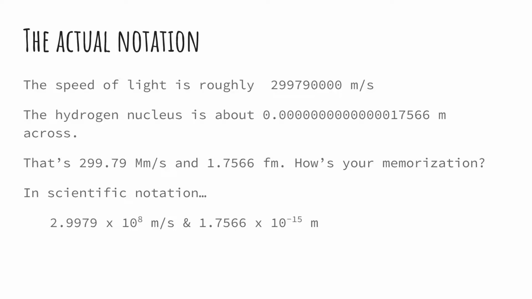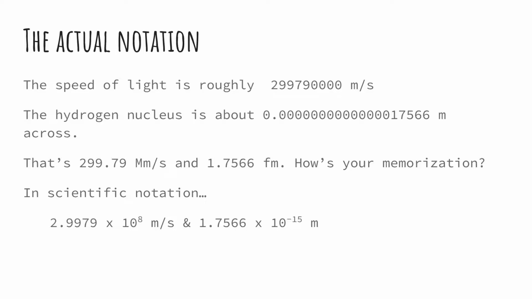It gives us, in one really condensed form, all of the information of the measurement, 29979, the size of the measurement, times 10 to the 8th, and the units. It gives us all 3 parts of the measurement in 3 separate chunks. So really great for that.